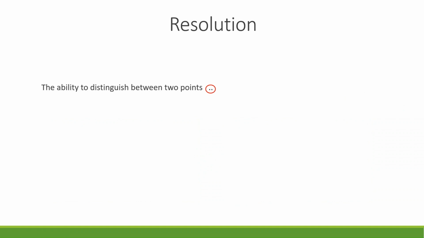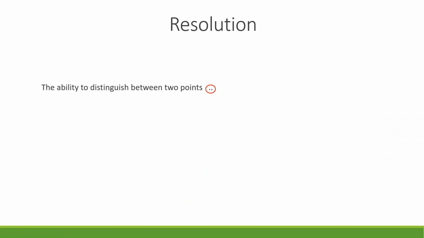Finally, let's discuss resolution. Resolution is a very important topic, and it's what makes really good microscopic images. Resolution is, by definition, the ability to distinguish between two separate points.